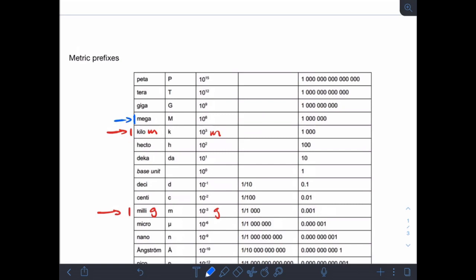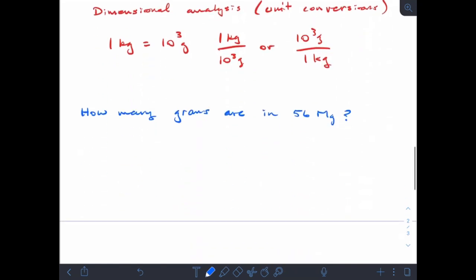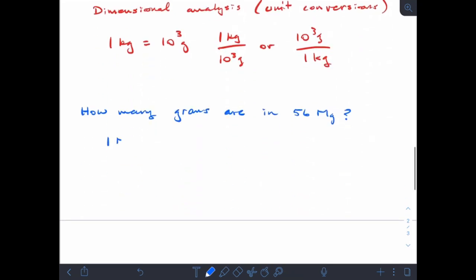So 1 megagram is 10 to the 6 grams. And I can write that as a ratio: 1 megagram over 10 to the 6 grams, or 10 to the 6 grams over 1 megagram.